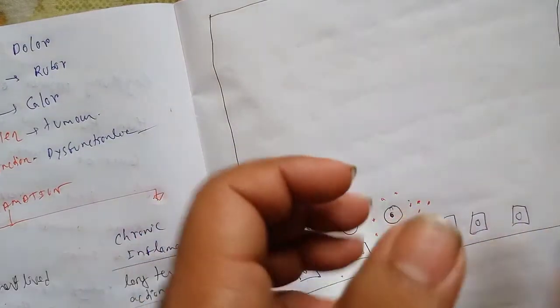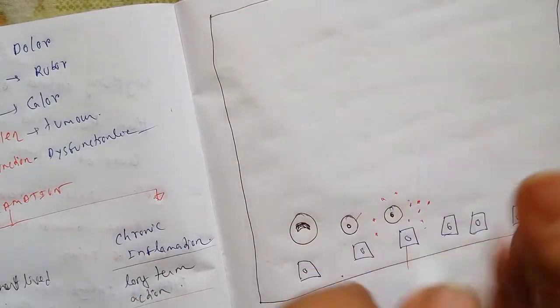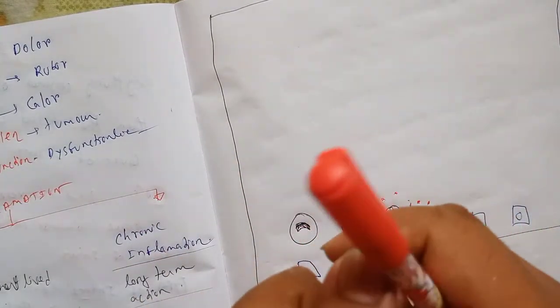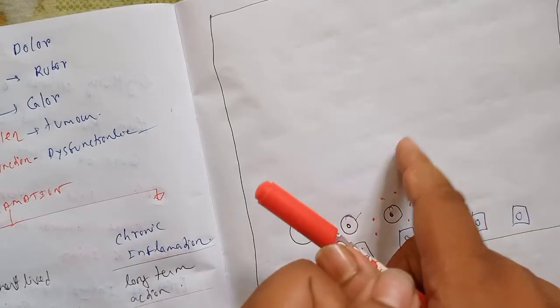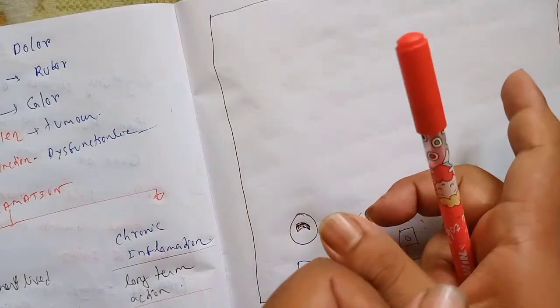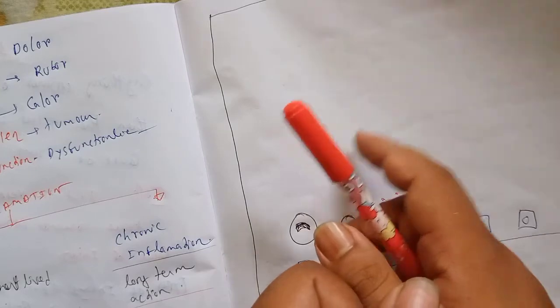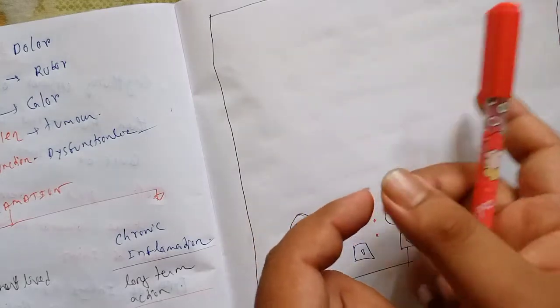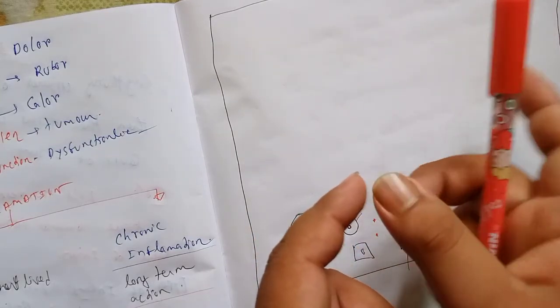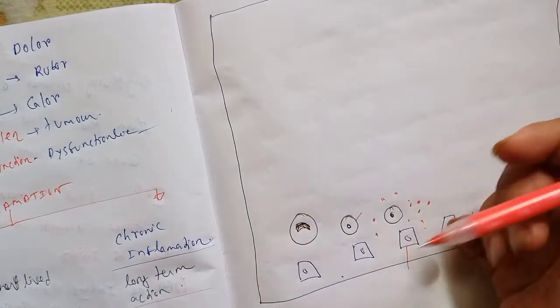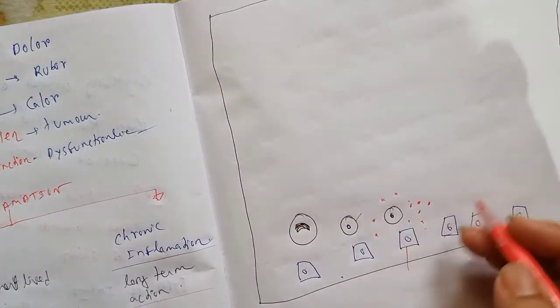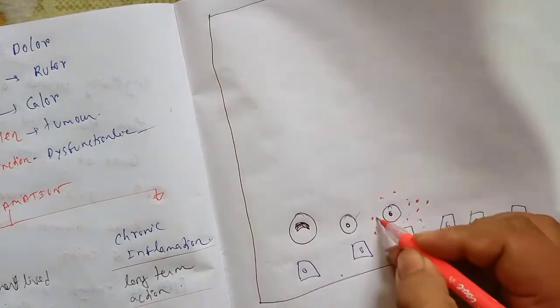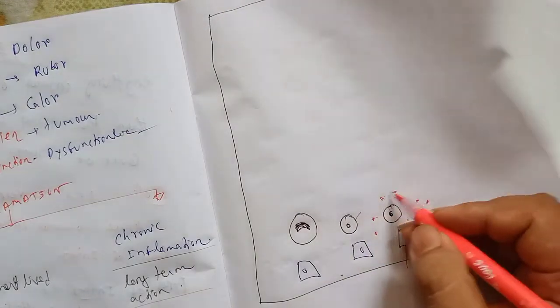In the nervous system, the neuron is the parenchymal cell, and the neurons are supported by the neuroglial cells. So here the neuroglial cells will be the stromal cells.